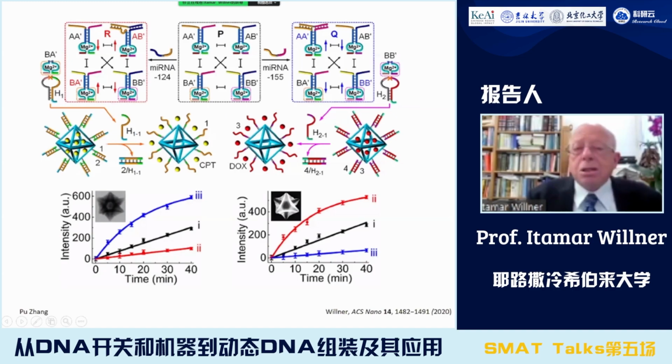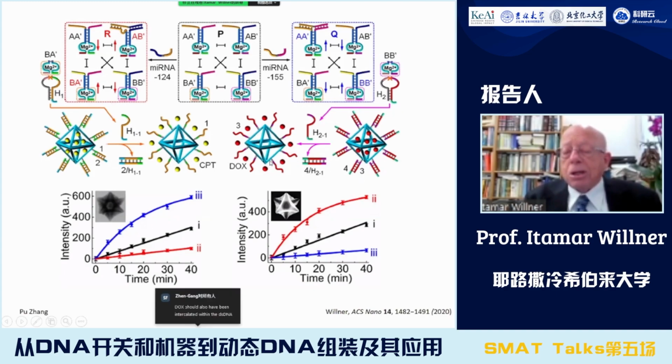But if we take this constitutional dynamic network and we subject it to microRNA 155, we stabilize now AA prime. AA prime will effectively cleave BB prime, unlock the DOX-loaded MOF nanoparticle, and will release effectively the doxorubicin.